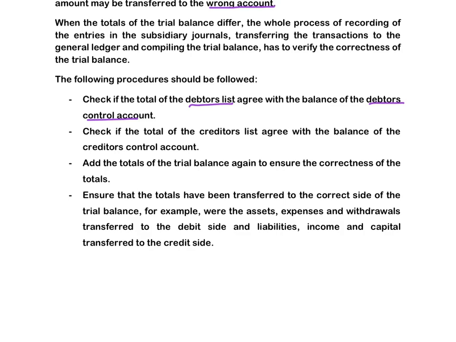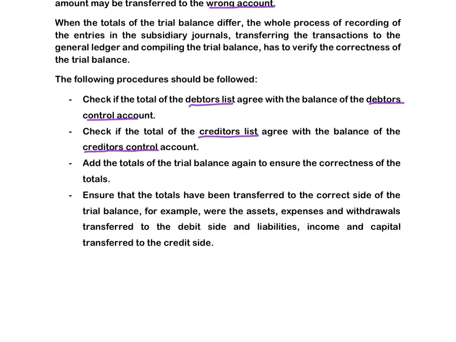Check your creditors list with the balance of your creditors control and see if they're the same. Now, if the list and the control accounts don't balance, that is the first place where you will start looking for mistakes, because then you already know there's a mistake either in the list, in the individual account of the people, or in the control accounts.